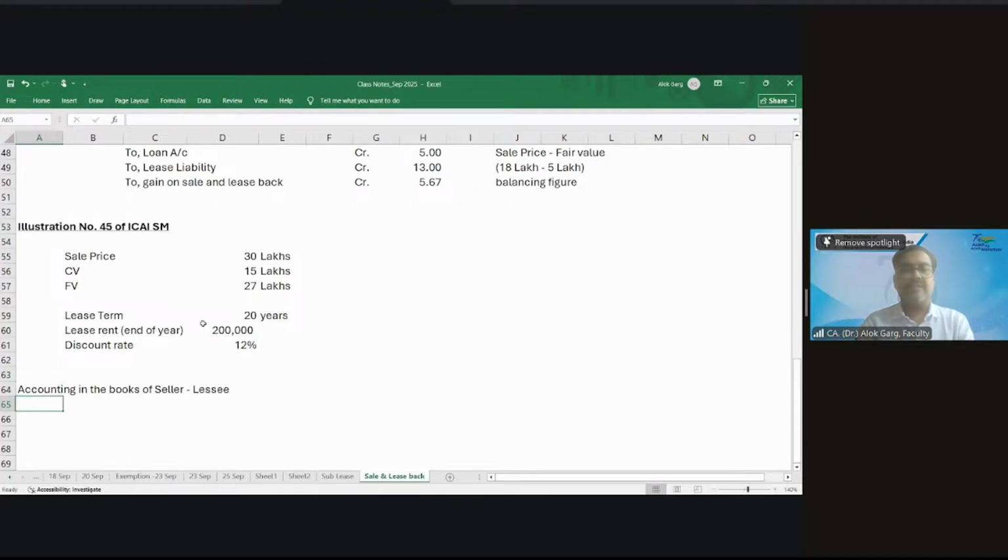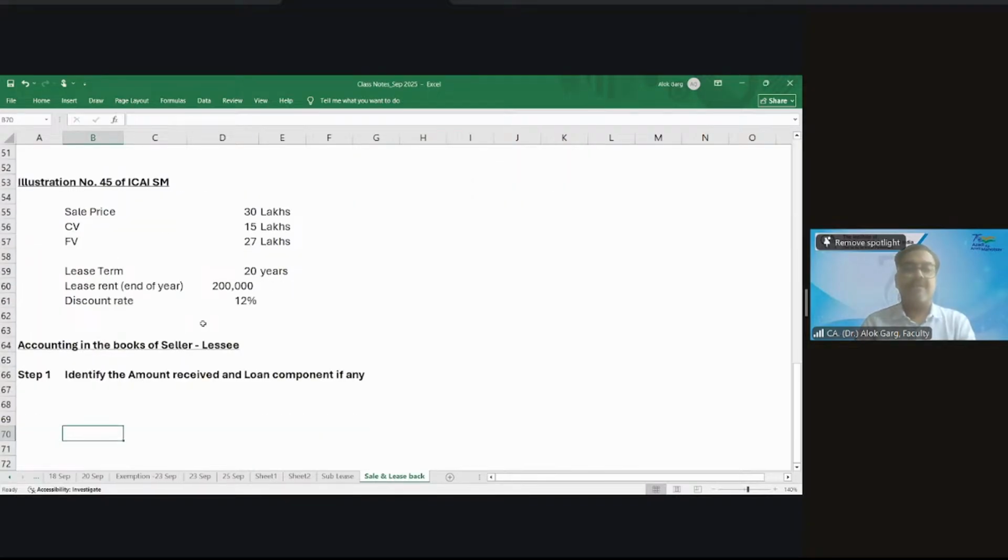Accounting in the books of seller lessee. What is my step number 1? Identify the amount received and loan component, if any.